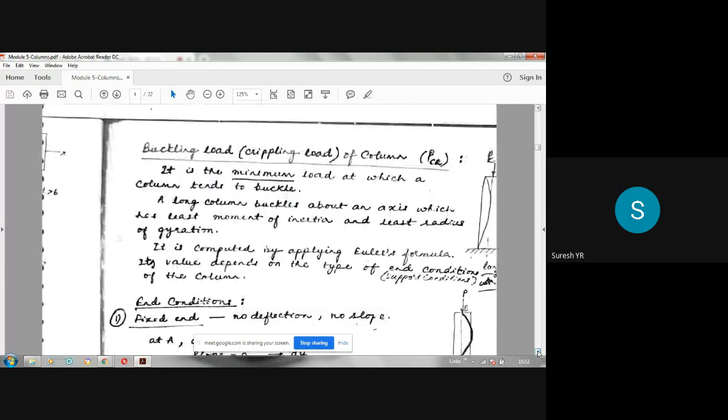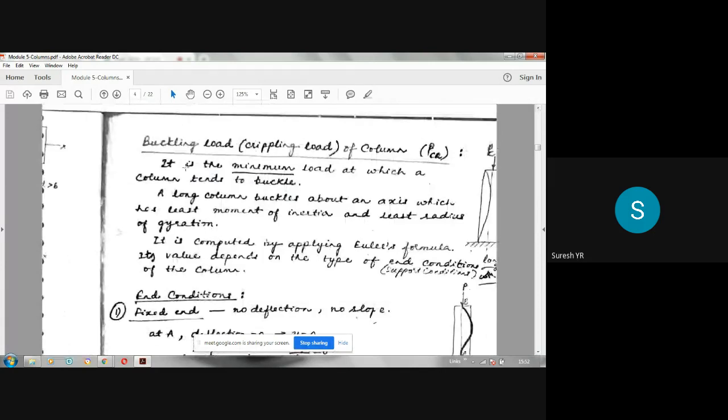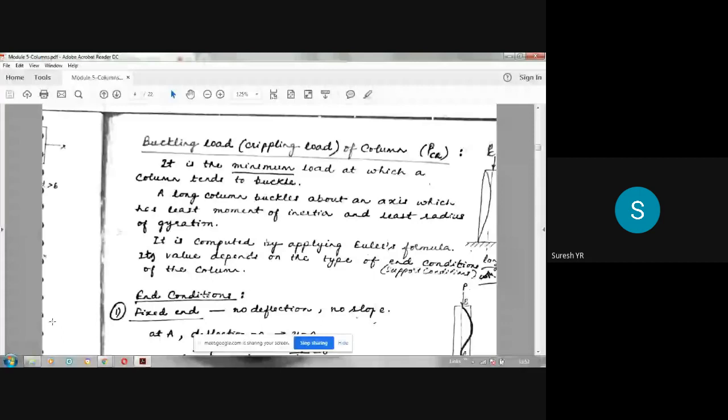Then buckling load. The buckling load or crippling load is denoted by PCR. CR means crippling. PC means crushing. PCR means crippling. I am using the same notation throughout this chapter. It is the minimum load at which a column tends to buckle.